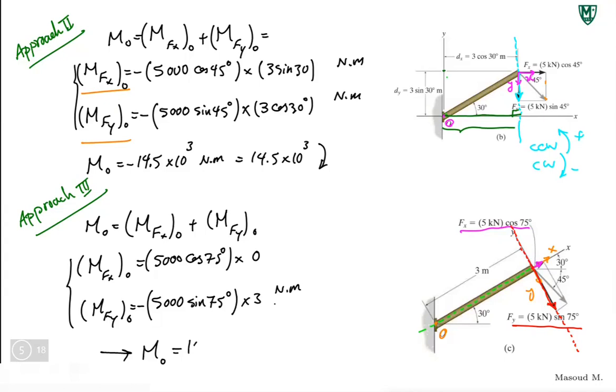This becomes 14.5 times 10 to 3. It's 14.48, but I'm just rounding all of it. It's negative Newton meter. Or you can write it this way, 14.5 times 10 to 3 Newton meter clockwise.